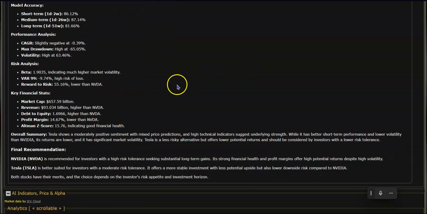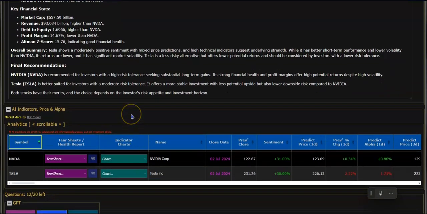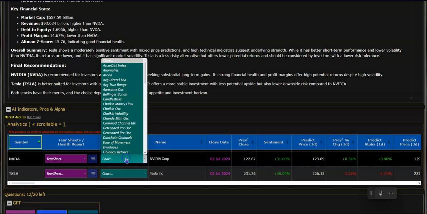Giving an overall summary and final recommendation for NVIDIA and Tesla. Now, when you are in the window for GPT-4o, there are a lot of other things you can do here too, especially with charts, since we use vision.